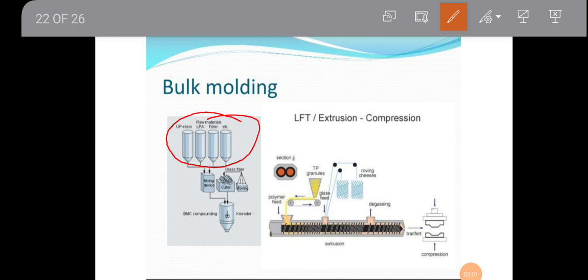Then we have to apply heaters. With the help of heaters, that material will be heated. Those initially solid materials, we can heat with different temperatures. Then they will convert into semi-liquid or liquid form. Then we have to mix them.